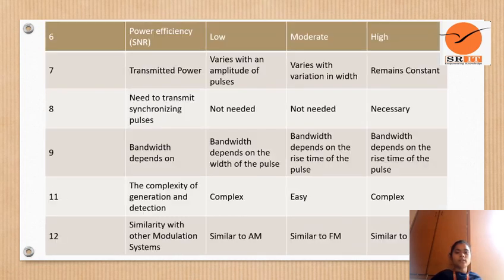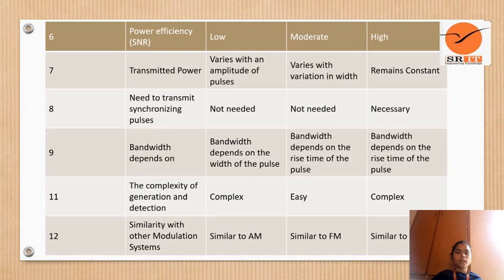Power efficiency is low in PAM, moderate in PWM, and high in PPM. Transmitted power varies with the amplitude of the pulses in PAM, varies with width in PWM, and remains constant in PPM. Transmitting synchronizing pulses is not needed in PAM and PWM, but PPM must necessarily transmit synchronizing pulses.